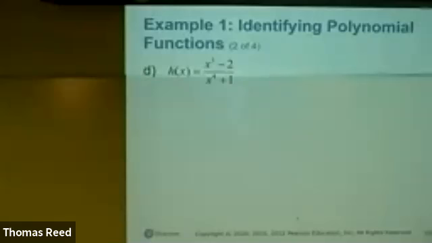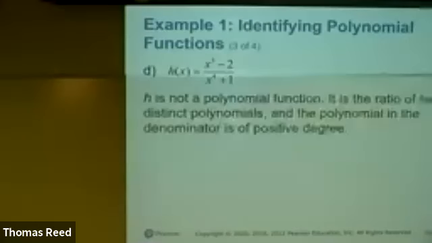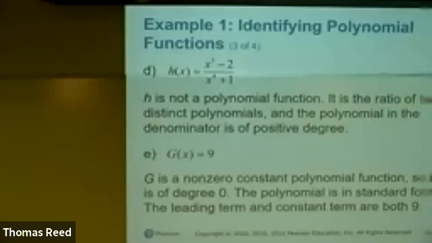Oh, we talked about this not being a polynomial function, it's a ratio of two polynomial functions. And a constant is a polynomial function. It's a non-zero constant polynomial function. The leading coefficient and the constant term are both 9.